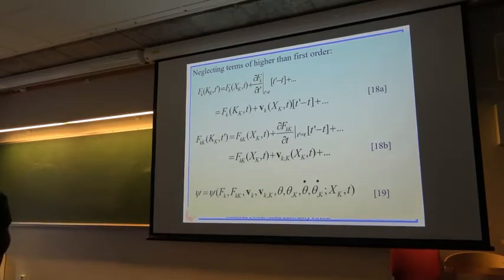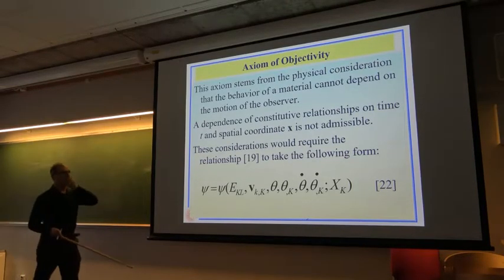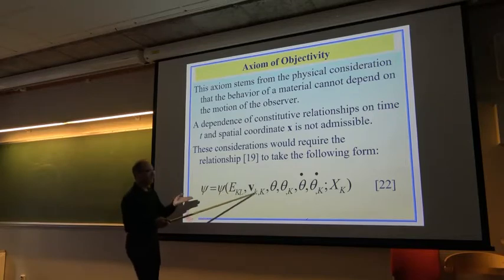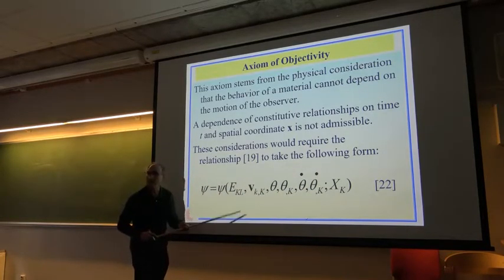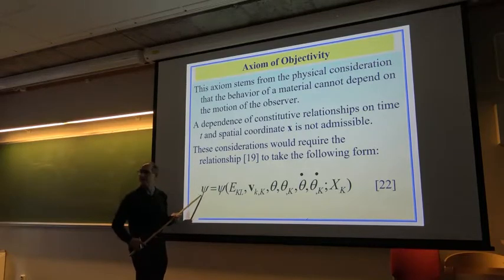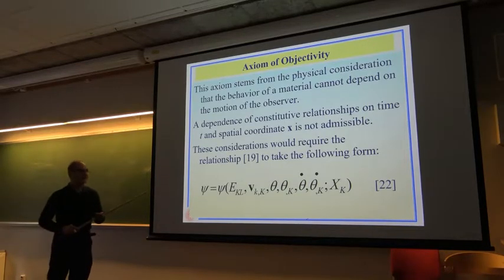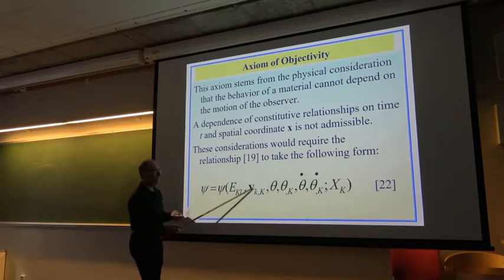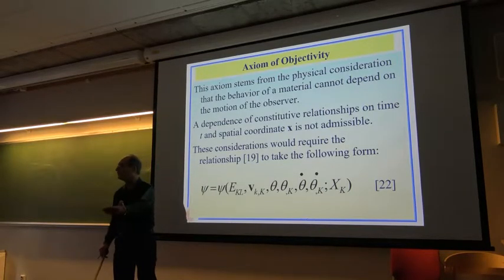So from those, only these survive. One thing I forgot to say, this list is called the independent variables, and this list here are the dependent variables, okay, of the constitutive theory. The independent variables are variables we should usually be able to measure.